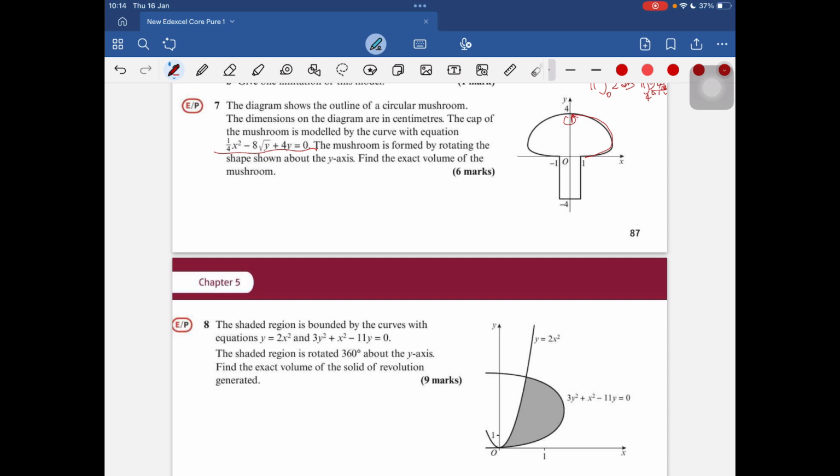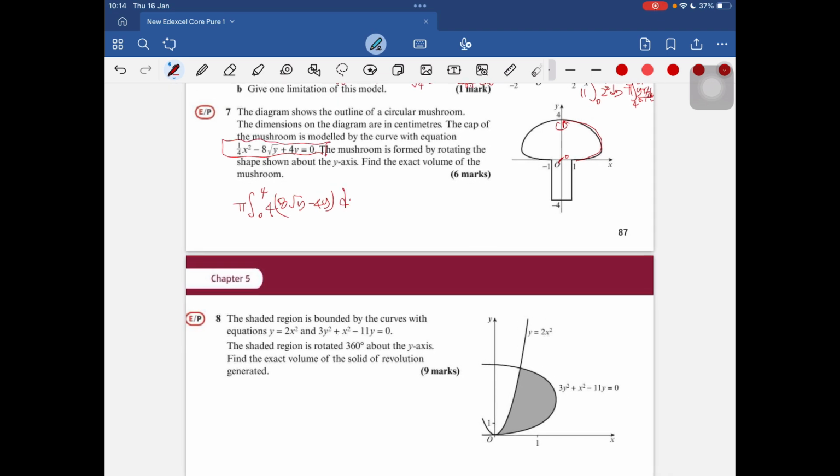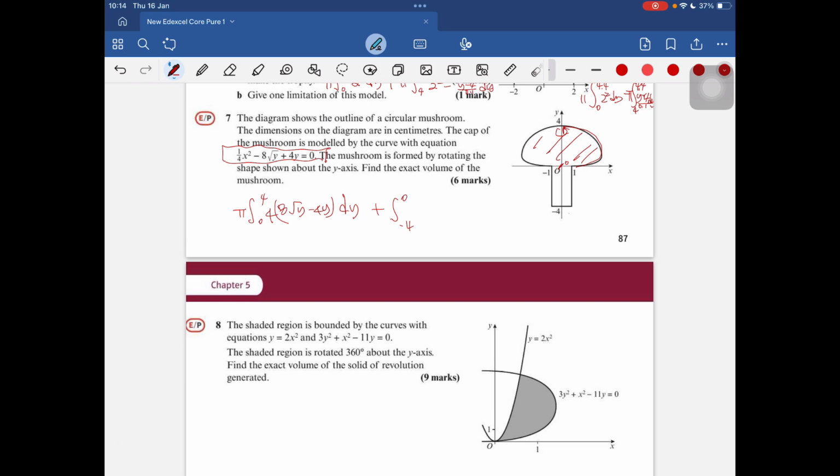So we can find, from 0 to 4, pi integral of x squared dy, where x squared is taken from here. This is the volume of this part, plus integral negative 4 to 0. This is x equals 1, so when we rotate it, pi x squared dy, you will find it.